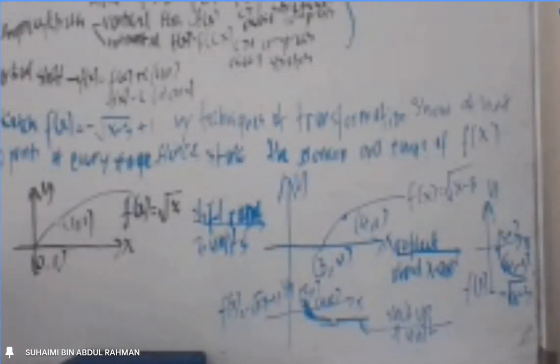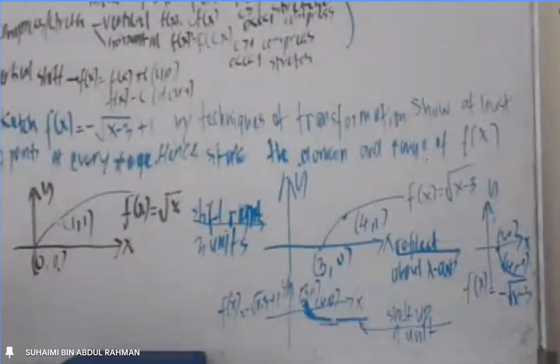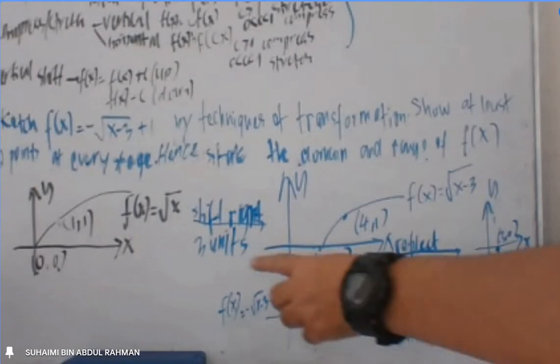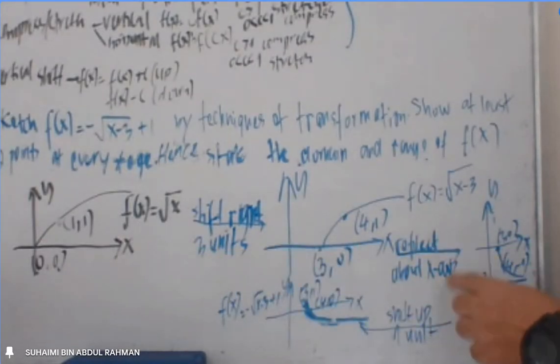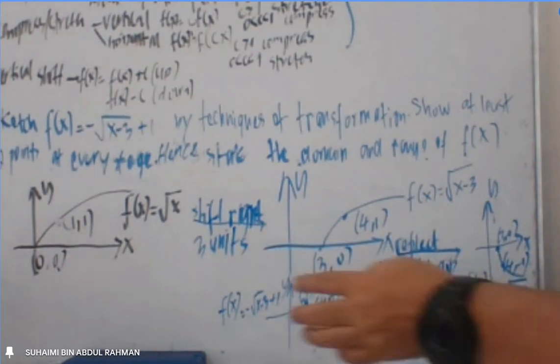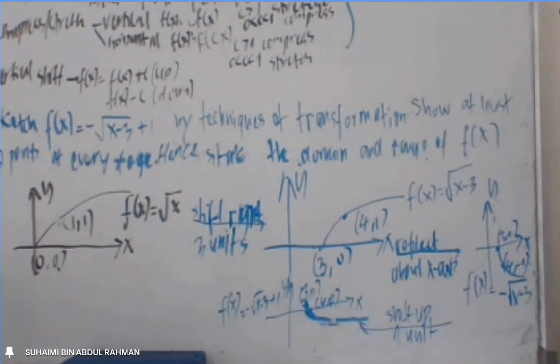Because we must have a pair, x and y. Here there are only 3 processes of transformation, unlike the previous one that involves 4 processes.